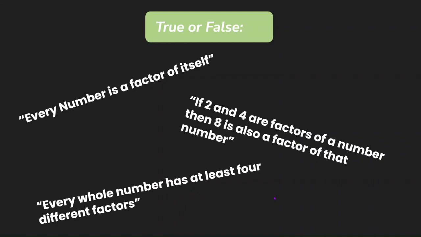Like 7. Its only factors are 1 and 7. 2 does not go into 7 an even amount of times. 3 does not. 4 does not. 5 does not. 6 does not. It's just 1 and 7. And it is a special number called a prime number. So prime numbers only have 2 different factors. That makes this statement false.